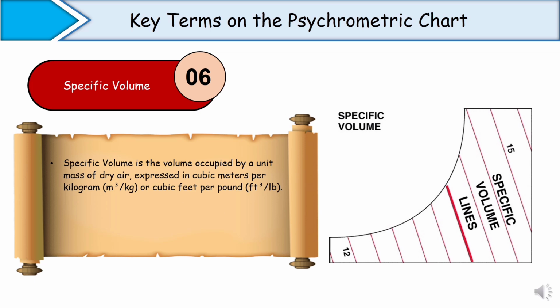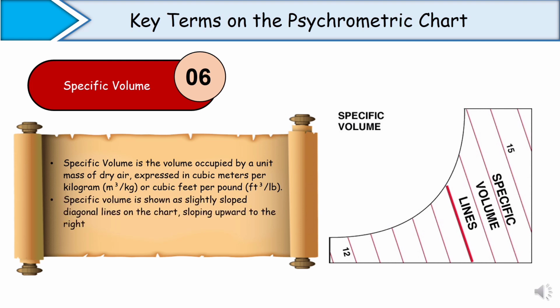Specific volume is important for sizing ductwork and air handling units in HVAC systems. Here you can see the specific volume is shown as a slightly sloped diagonal line on the chart, sloping upward to the right. Can you see this diagonal line represents the specific volume?